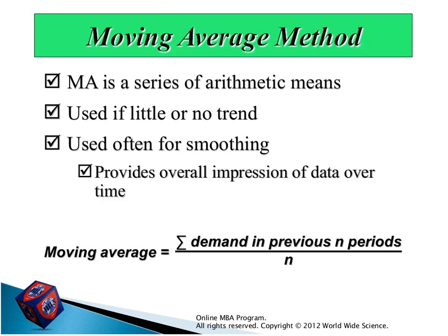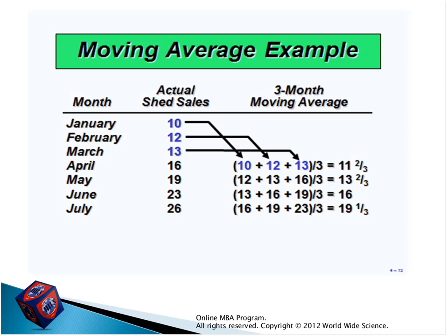Let me give an example. For example, in a company, in January they had 10 units demand. In February they had 12 demand. In March they had 13 demand. At the end of March, operation managers forecast for April. Okay, it's enough you add up these three numbers together, 10 plus 12 plus 13, and divide it by 3.